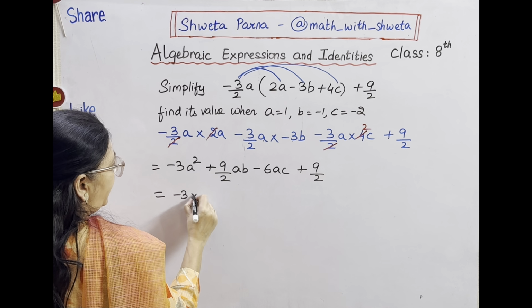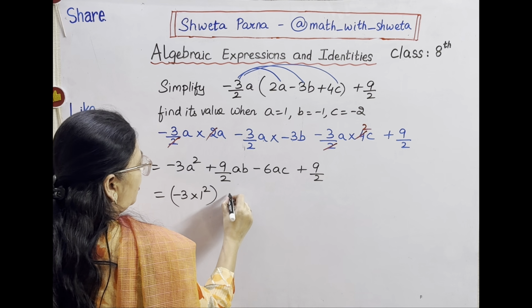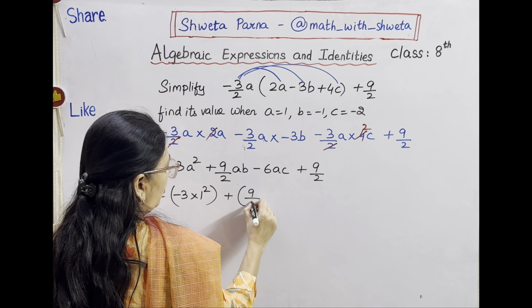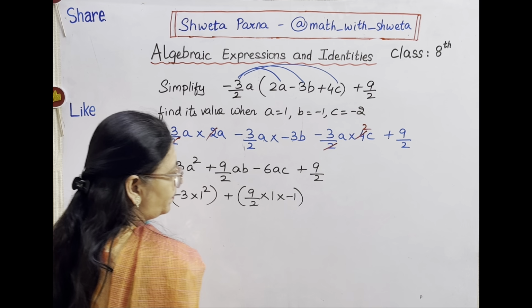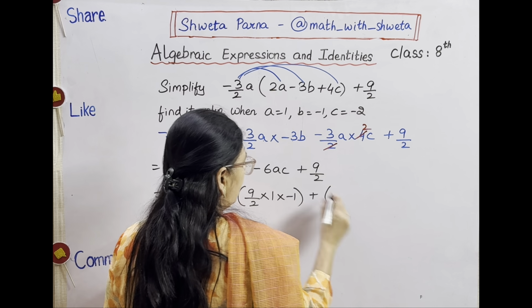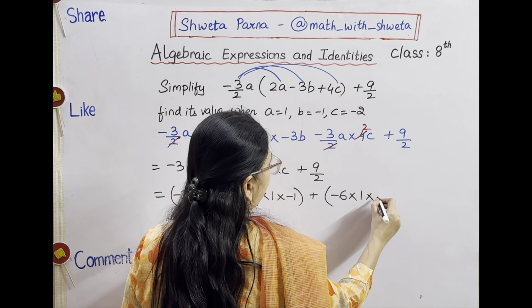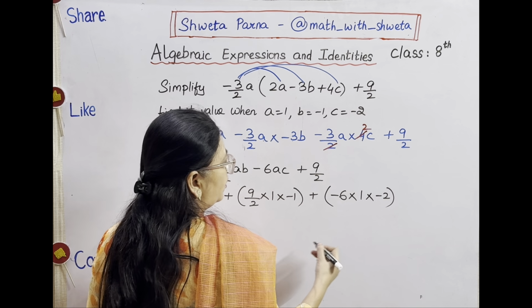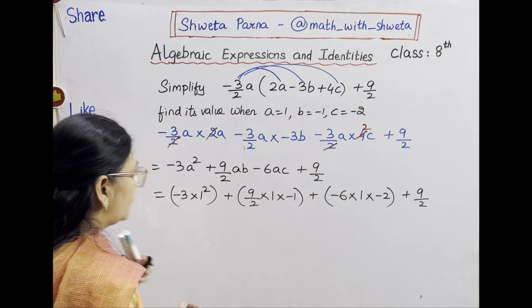Value of a is 1. So 1 square. You can put it in bracket. Plus 9 upon 2 into a is 1 and b is minus 1. Plus, you can take this as minus 6 into a is 1 and c is minus 2. Plus 9 upon 2. Okay.